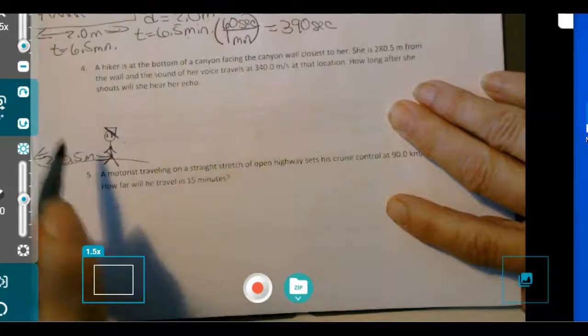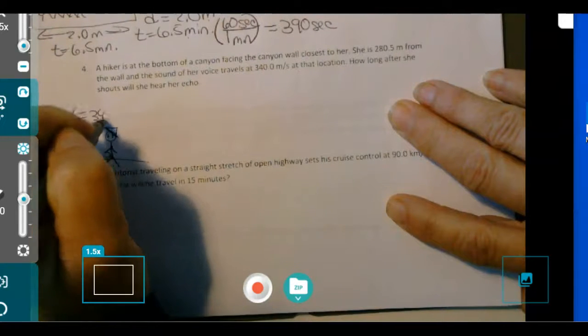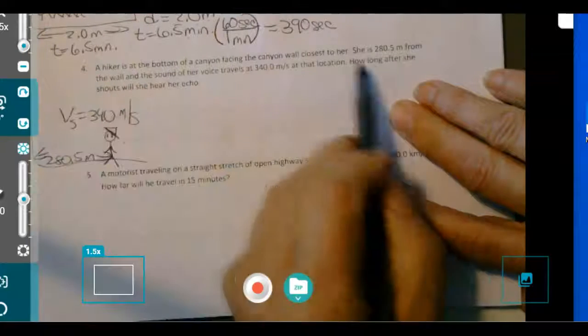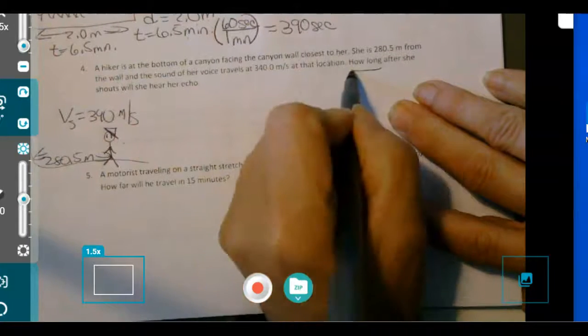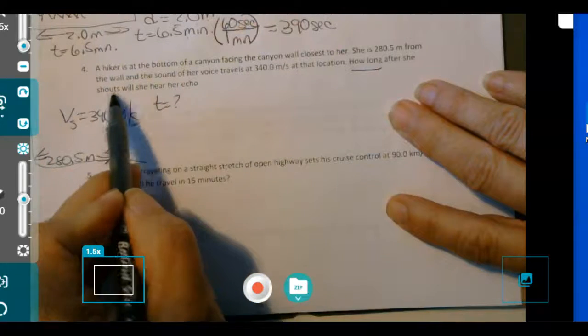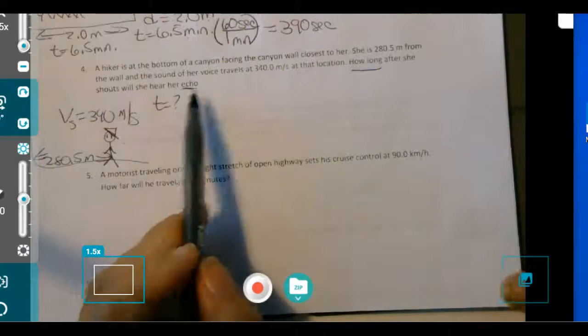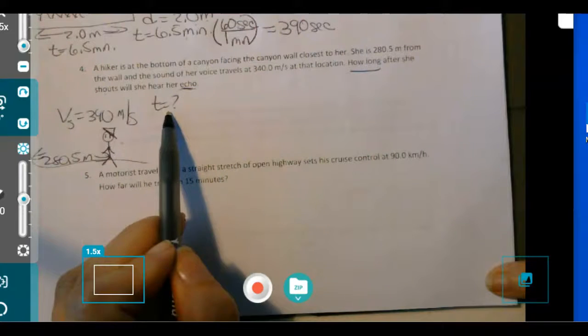The sound of her voice, so now we're talking about the voice, so V of sound is 340 meters per second. How long is time? We're looking for time. After she shouts, will she hear her echo? So I will tell you there's a little bit of a trick here, but we're looking for time.